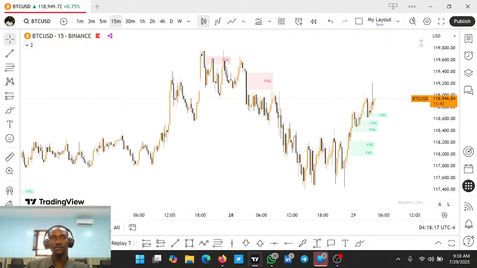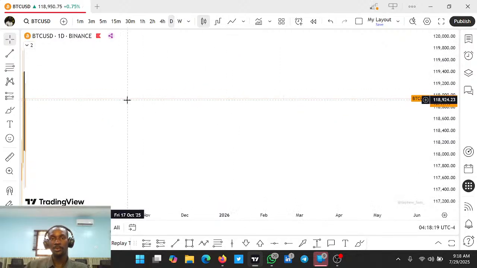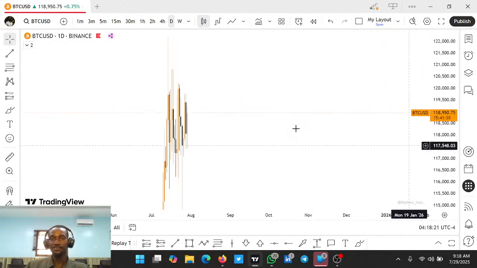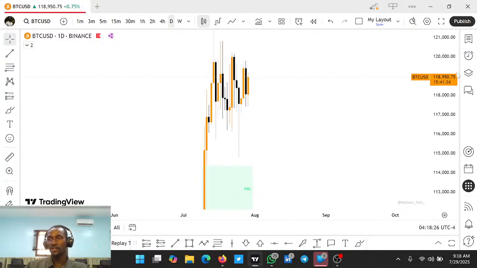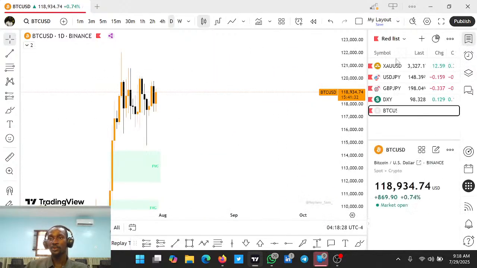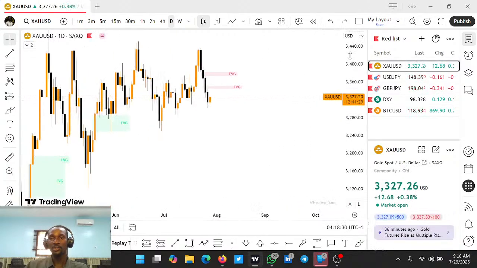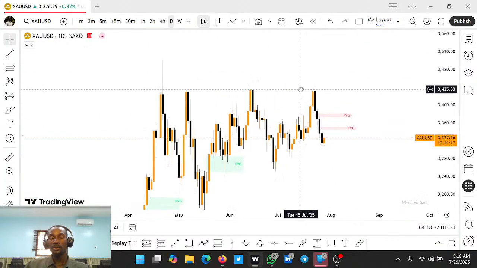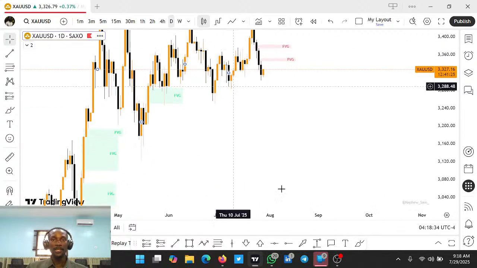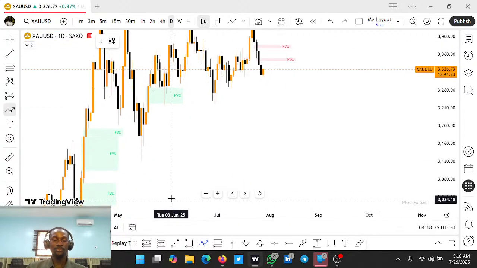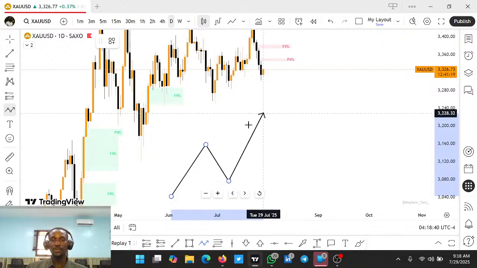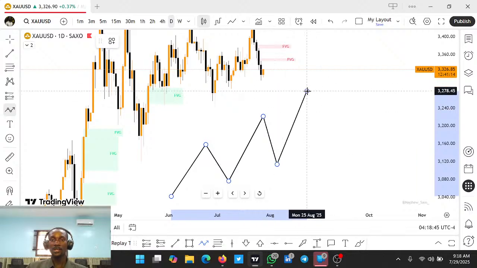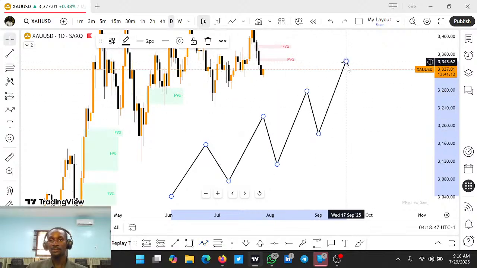All right, today I'll be breaking down a few pairs. I'll be talking about gold, that's XAUUSD, top down analysis on gold. Normally, the basic structure of the market moves this way: breaking structure to the upside, forming higher highs, higher lows, higher highs, higher lows.